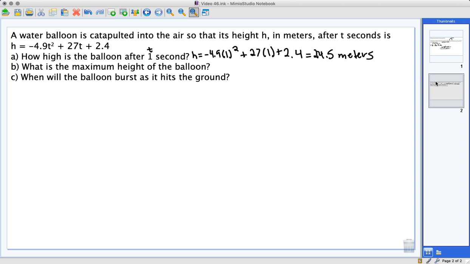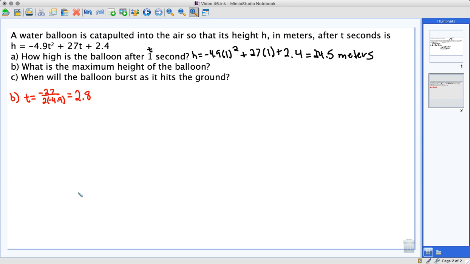Part B says, what is the maximum height of the balloon? Guys, that's exactly what we just did on the last story problem. So we're going to start with our vertex: -27 over 2 times -4.9. We type that into our calculator. 27 divided by 9.8 is about 2.8.